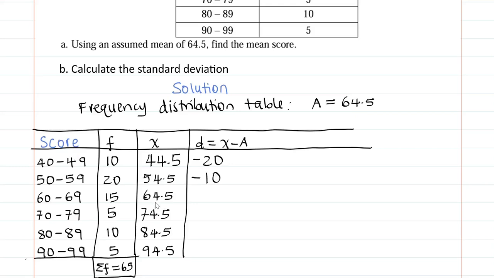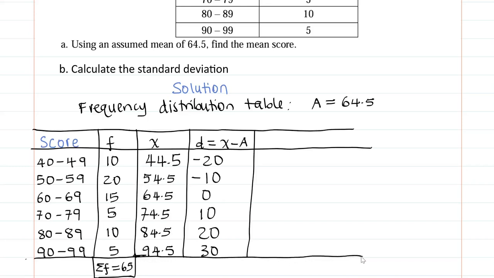And then 64.5 minus 64.5, that gives 0. 74.5 minus 64.5, we get 10. 84.5 minus 64.5, we get 20. 94.5 minus 64.5, we get 30. So we have got our deviation, which is the midpoint minus the assumed mean. I'm coming up with this table slowly.